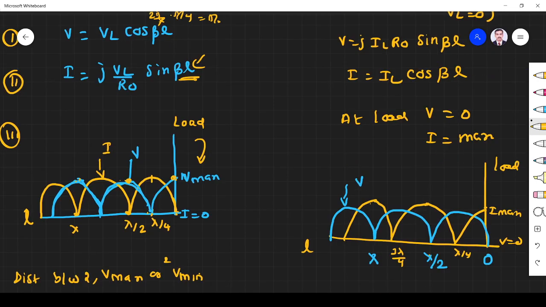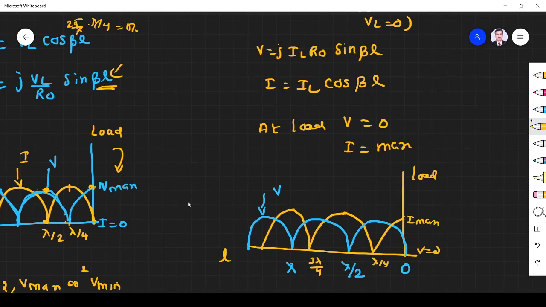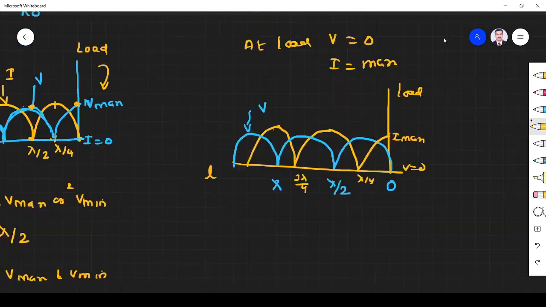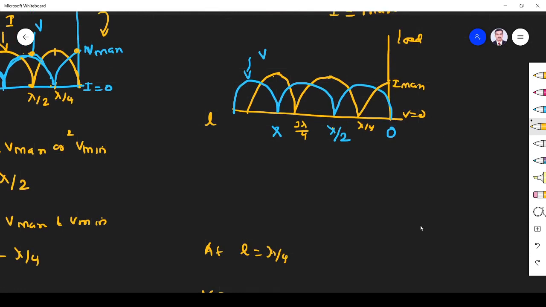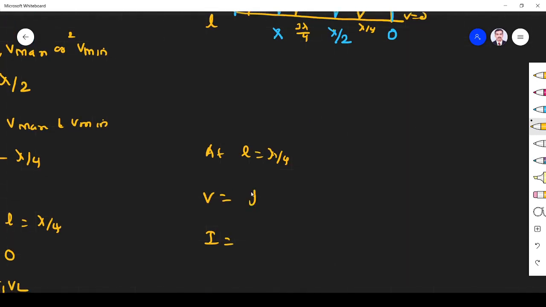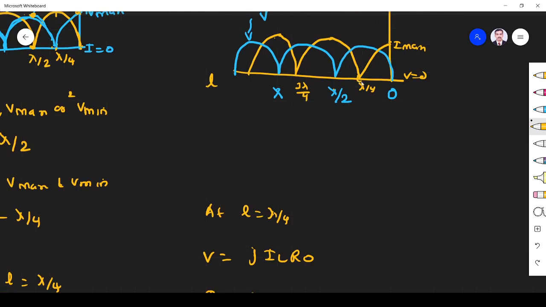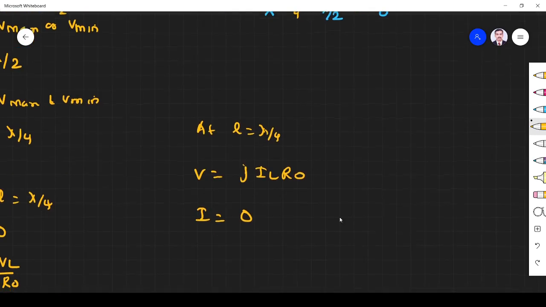So at L is equal to lambda by 4, sin beta L is sin pi by 2, so V is jIL R naught. Similarly, I is equal to 0. That is proved, right? At lambda by 4, you see I is 0.